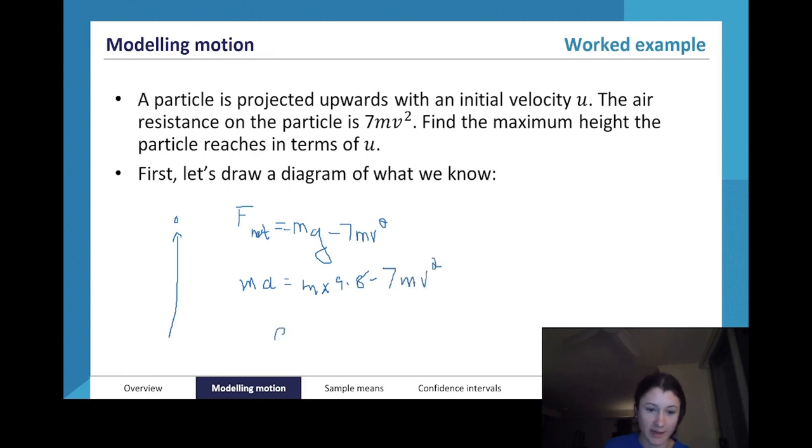So let's find a. Of course, our m's are going to cancel out, and we get negative 9.8 plus 7v squared. We are not going to be left with anything else there. Alright.